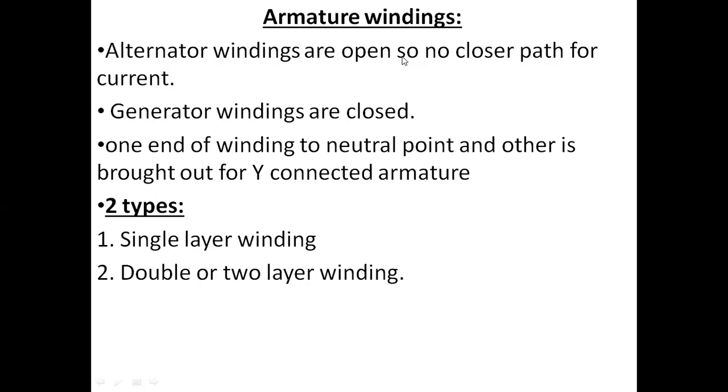See that when the conductor is in the interpolar gap, meaning between the two poles, it has minimum EMF because there will be only minimum flux density. Where there is maximum flux density, there will be maximum EMF, right?